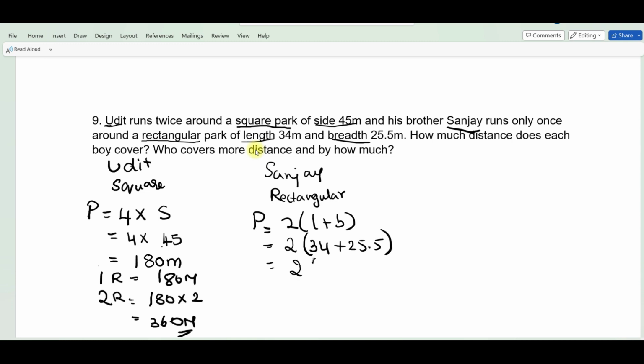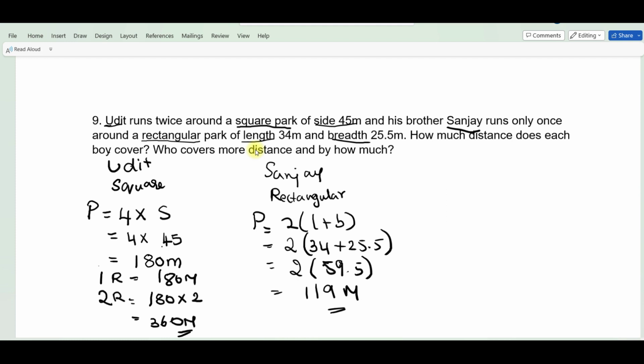Adding, so we get 2 into 59.5 meters. After calculating this, I would be getting 119 meters. Okay, so this is the distance that Sanjay is covering.